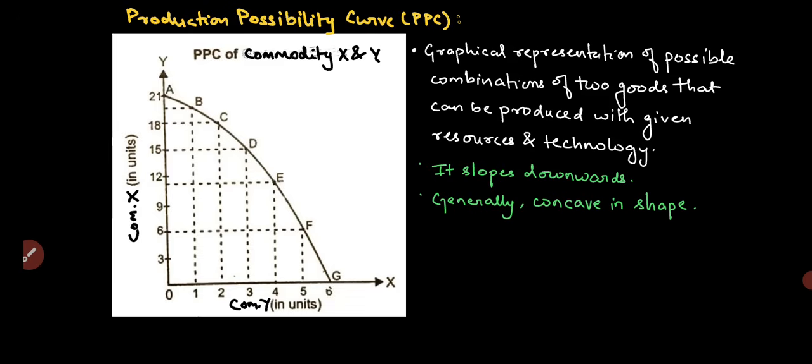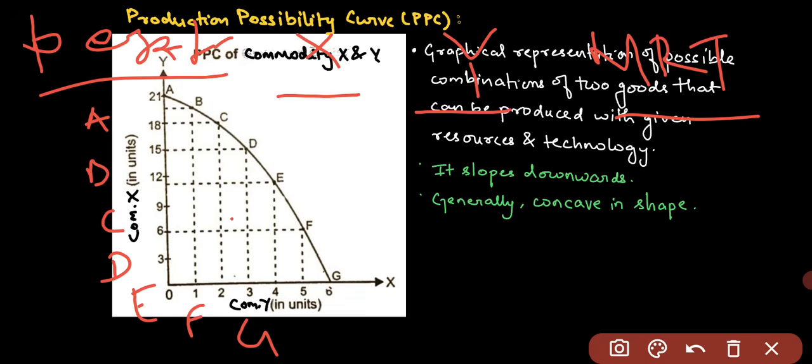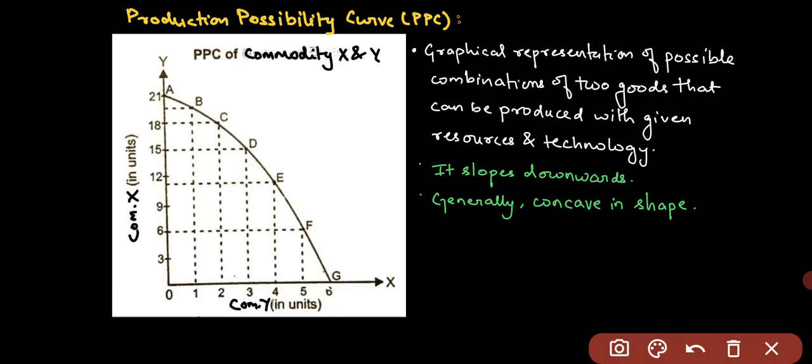Let us take examples of two commodities, commodity X and commodity Y. You see here. So this is the production possibility curve. It slopes downward, right? It slopes downward, and it is generally concave in nature.